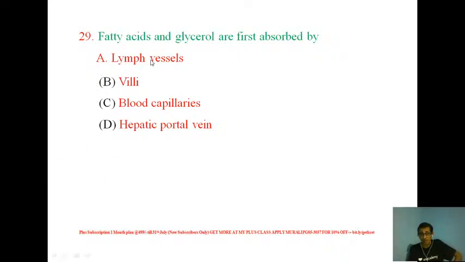It is called the lacteal of villi, isn't it? Fatty acid and glycerol are the final products of lipid digestion. So villi will absorb glucose and amino acid. Lymph vessels will absorb the individual units of fatty acid and glycerol. Okay, so the answer for 29 is A.